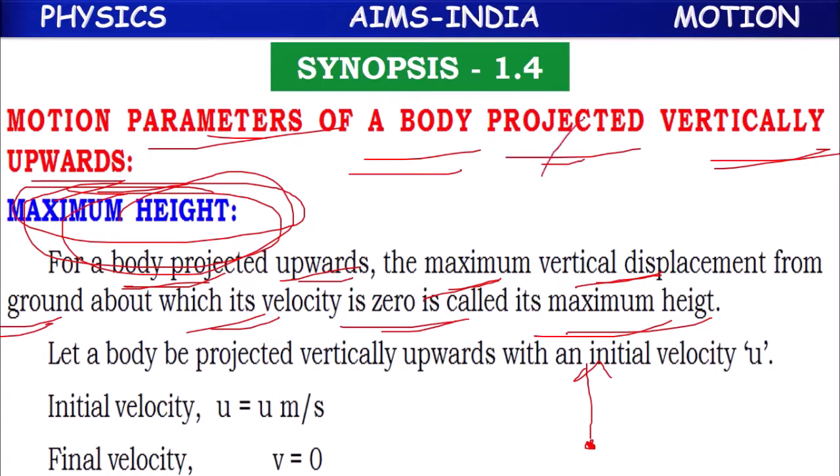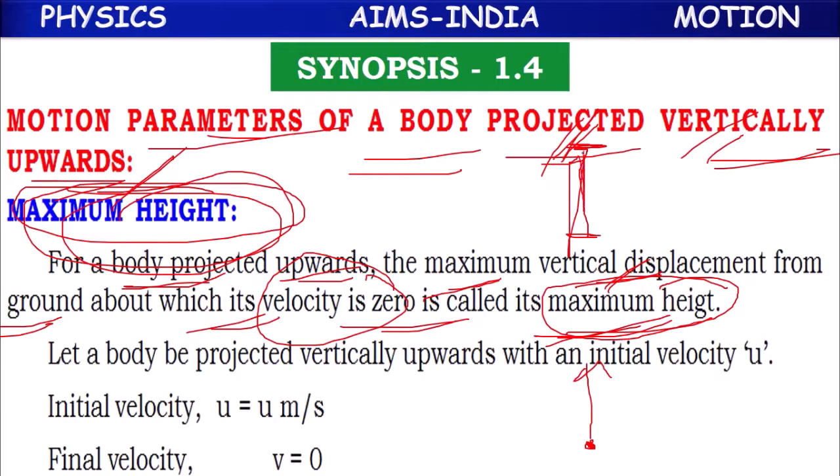Any body projected vertically upwards will go up to a certain maximum height. Maximum height means the point where the velocity is 0, and the vertical distance from the initial point up to that point is called maximum height.